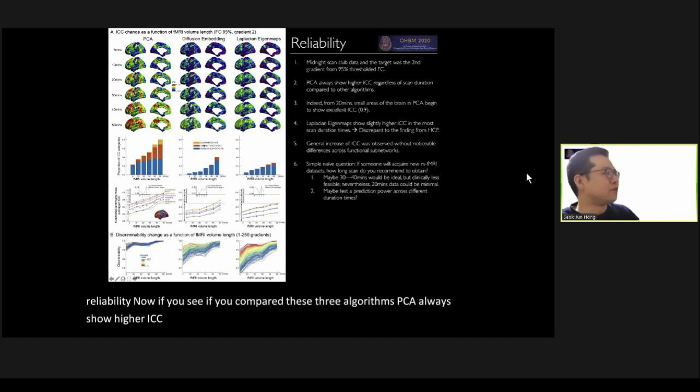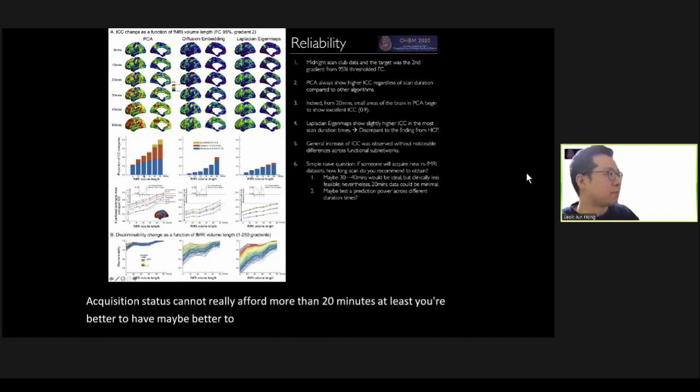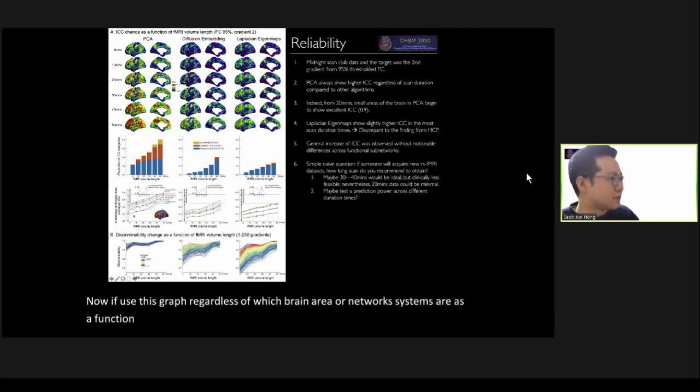So if your data acquisition cannot afford more than 20 minutes, we may be better off acquiring 20 minutes of resting state fMRI to obtain acceptable reliability. Regardless of brain area or network system, reliability monotonically increases as a function of the amount of data, so there is no differential pattern across brain areas.